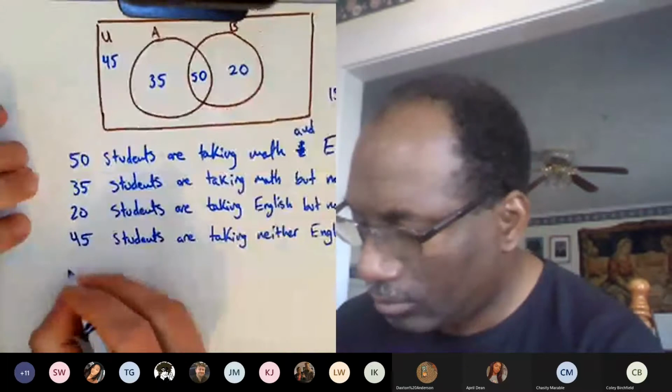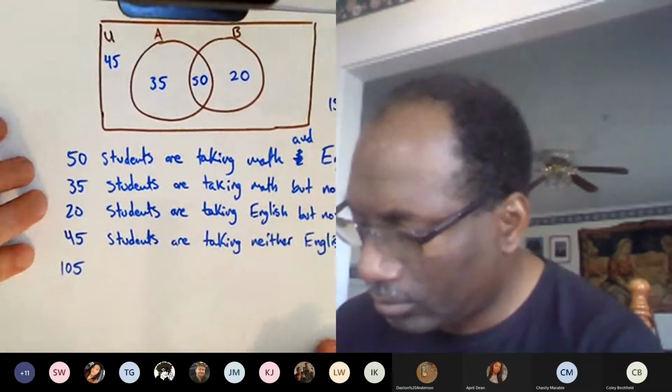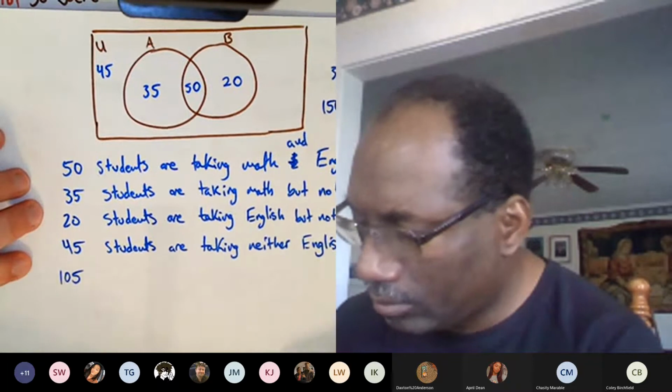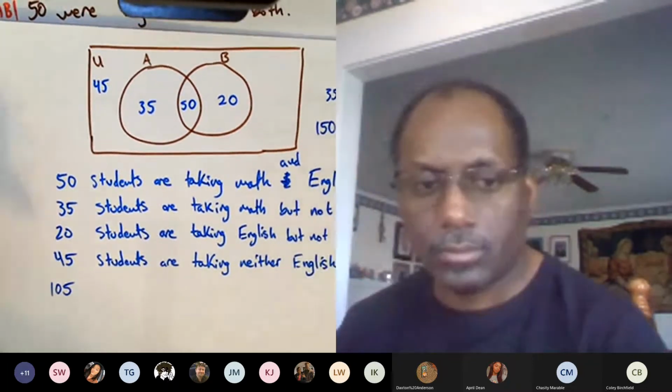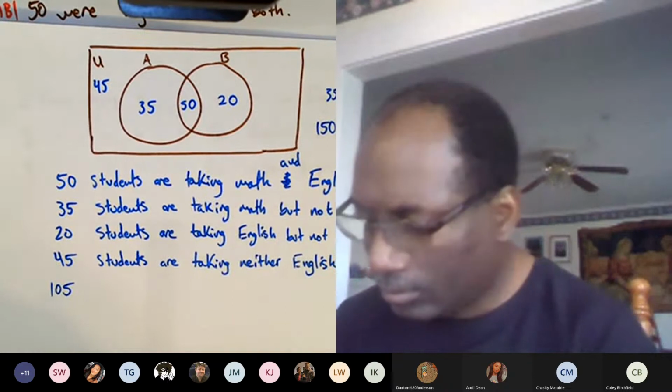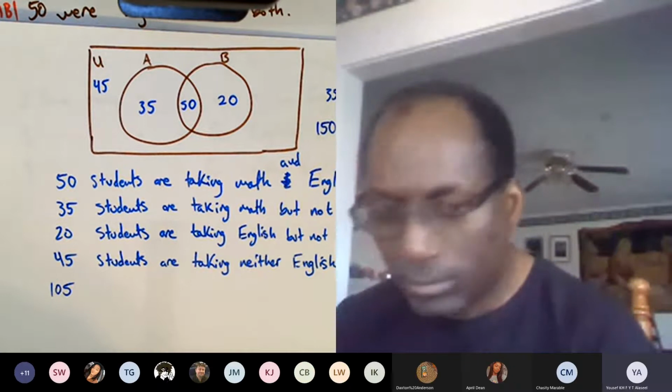What about the 105? Does anyone have a guess as to how I could interpret that in terms of words? How could I interpret the 105? Would it be the total of students that are taking classes?